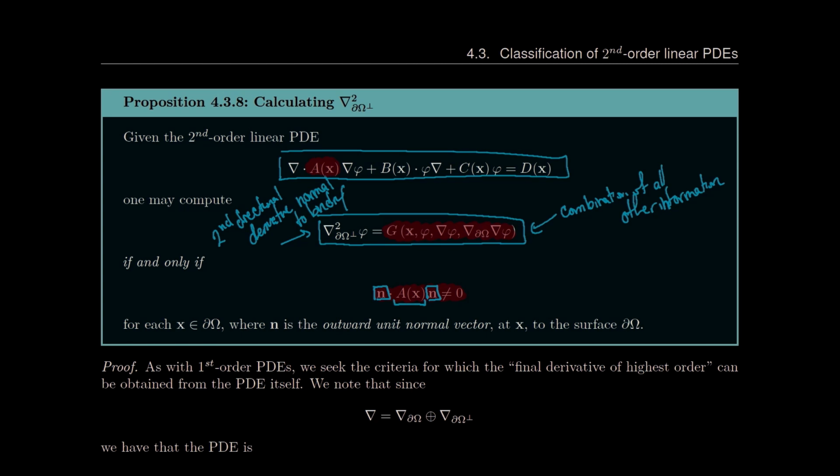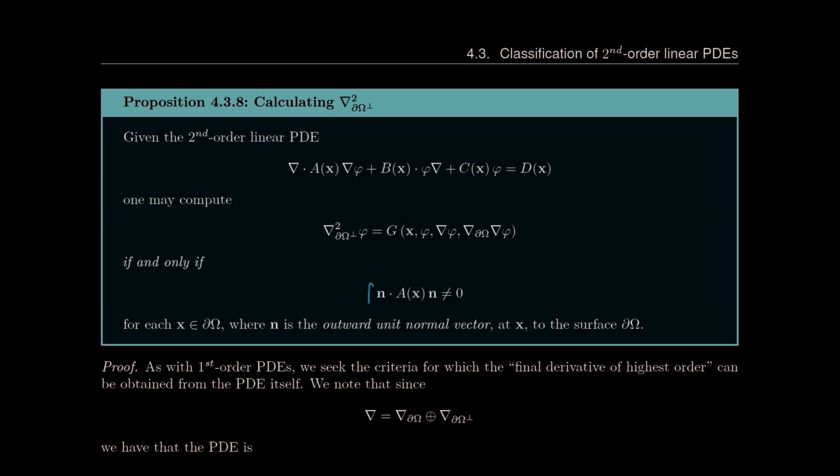And really, if you repeated the whole procedure of the non-characteristic condition from section 3.3 just for one higher order of PDE, you would exactly recover this condition, because dependent on it being a linear PDE, this is actually equivalent to the condition that we have for the non-characteristic condition in first order.